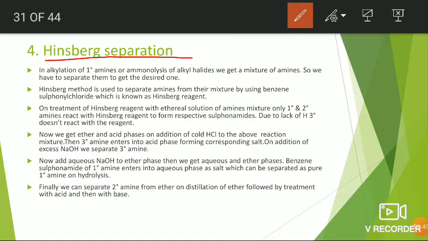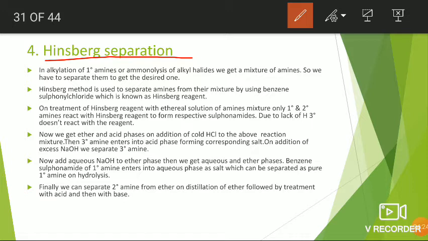Here, as we discussed in the preparation method as well as in alkylation of amines, generally in our ammonolysis preparation method or alkylation of amines, we get a mixture of amines: primary, secondary, tertiary, and quaternary ammonium salts present in the reaction mixture of the alkylation or ammonolysis reaction.